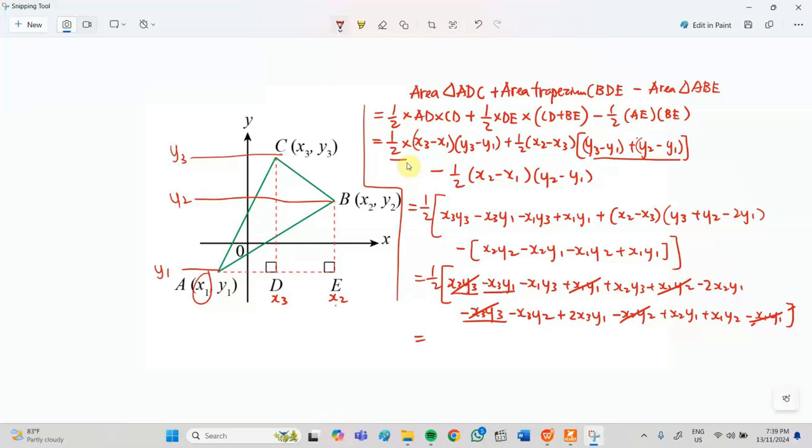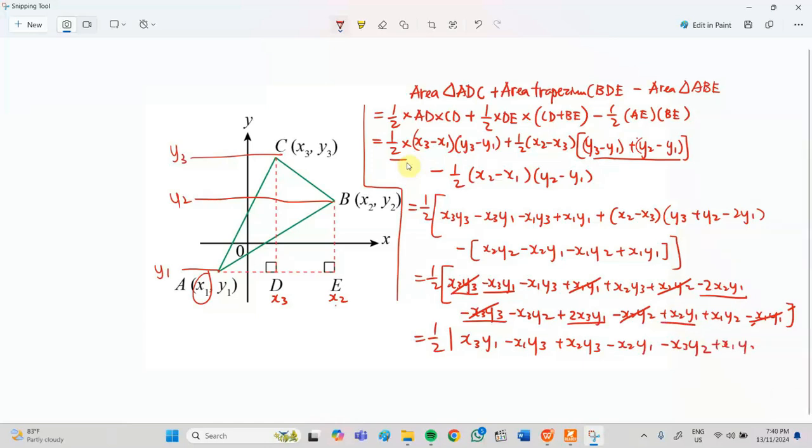Negative x3 y1 plus 2 x3 y1, so you are left with x3 y1. This one is still here. Plus x2 y1 gives negative x2 y1. Then minus x3 y2 and plus x1 y2.